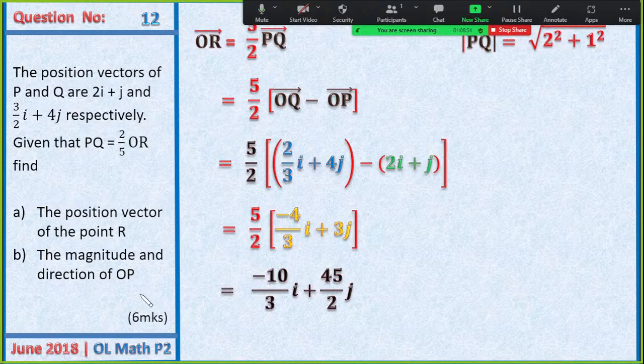The magnitude of PQ, what's the magnitude of PQ? PQ here is equal to what? Okay, so the magnitude is equal to root 5. The magnitude of OP, okay, they said OP rather.